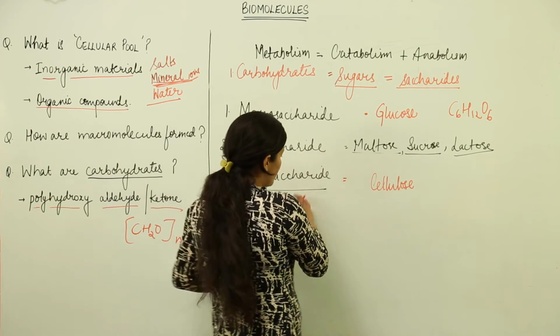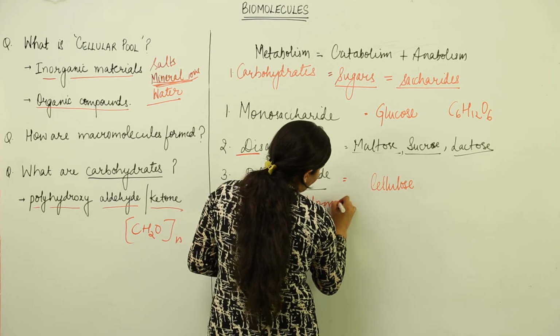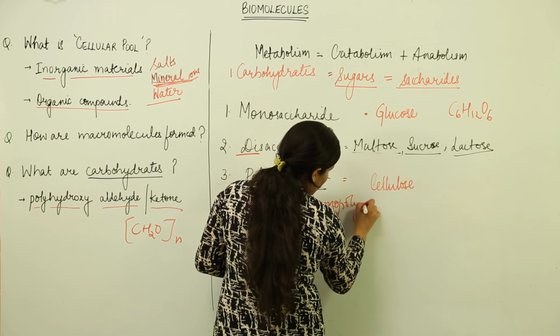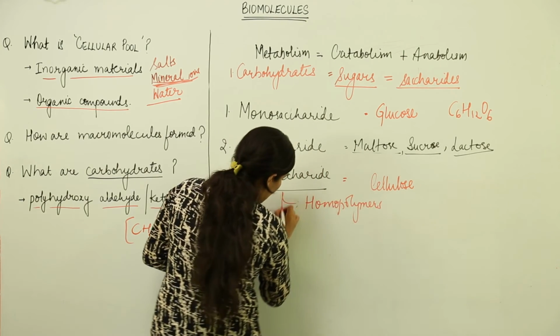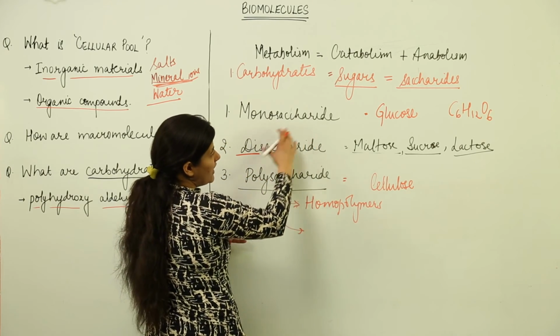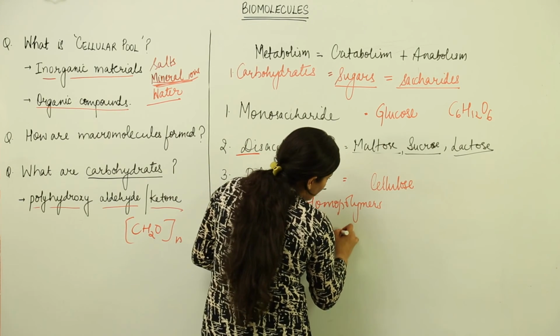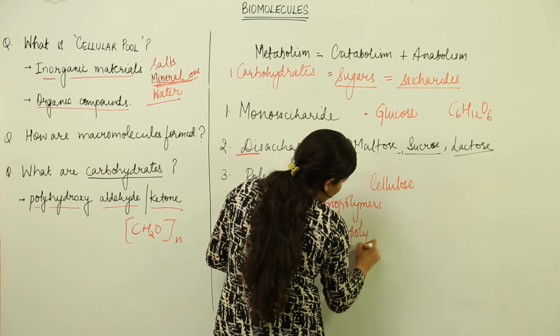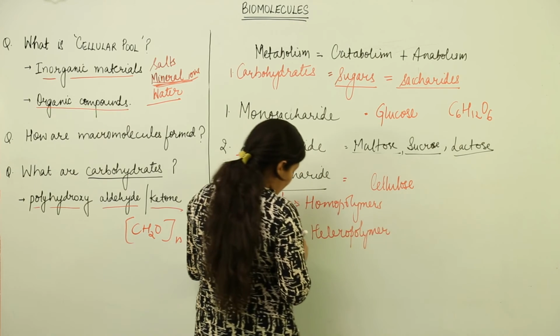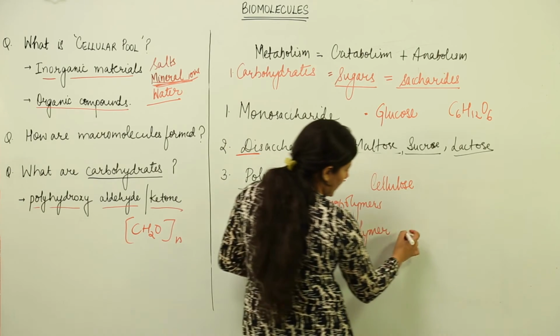When we talk about polysaccharides, we talk about homopolymers or heteropolymers. We have large polymers where many monomers are involved, and the monomers are sugar molecules like glucose. For homopolymers, I gave you the example of cellulose, and for heteropolymers, we are going to take agar.